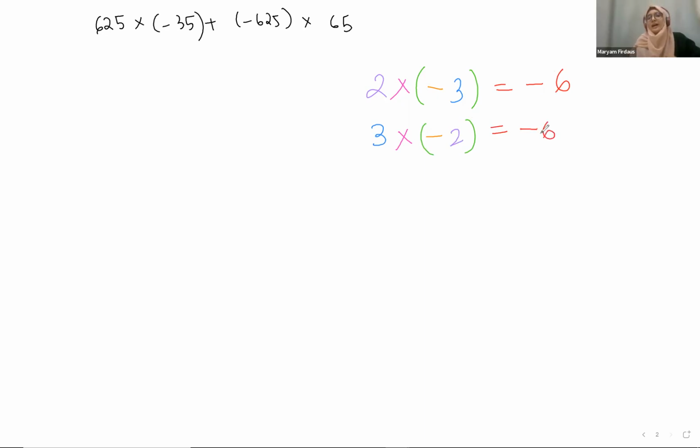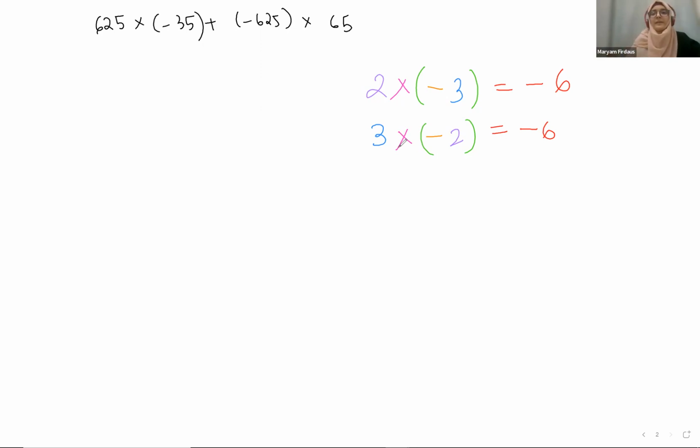So do you see that this isn't the commutative property? Why? Because 2 and negative 3 are one pair of integers, 3 and negative 2 are a different pair of integers. So it's not commutative because negative 3 and 3 are different.